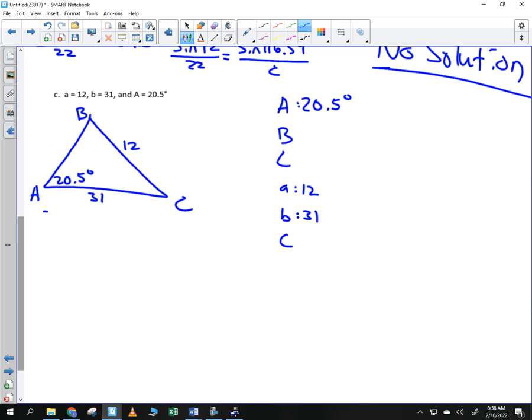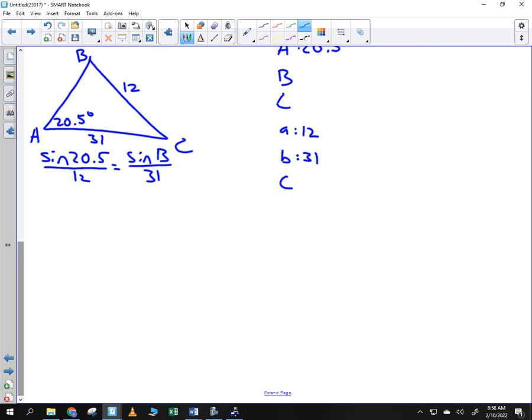Sine of what over what? How do I solve? So 31 sine of 20.5 divided by 12 is equal to the sine of B. I just multiply both sides by 31.